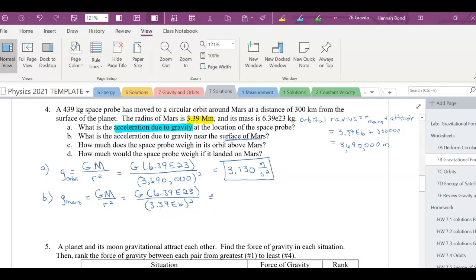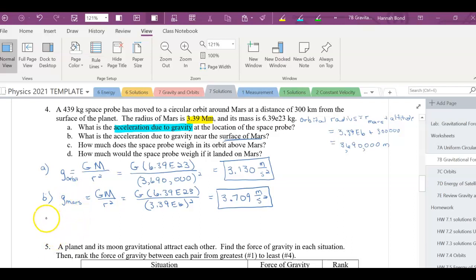Okay. And so we get 3.709 meters per second squared. Okay, so it's bigger on the surface of Mars because you're closer to the center of that planet. And you know, g gets smaller as you move away from the planet.